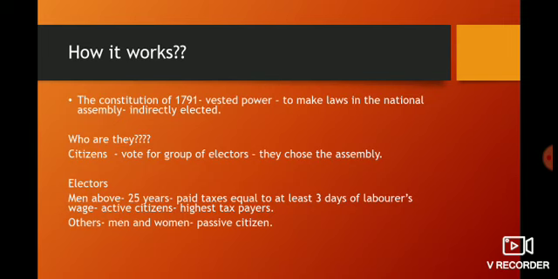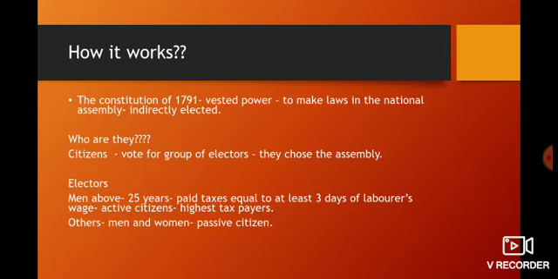They will make the assembly. They will decide the assembly. Is it clear, children? So then who is eligible to vote? Only men above 25 years of age. Not only was age a constraint, children, they also had to pay a tax equal to 3 days of a laborer's wage.